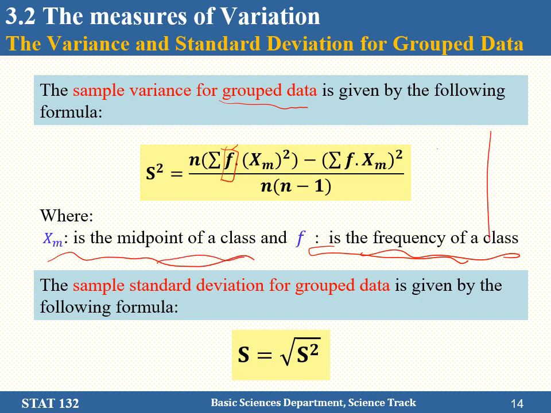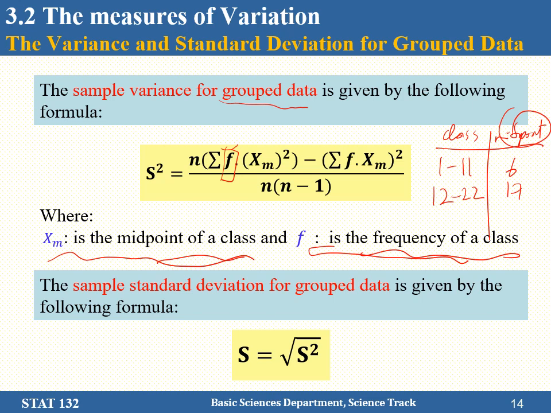When we have group data, we have class, we have midpoint, if you remember. So it's like 1 to 11, so it will be 6, like 12 to, let's say, 22. For example, when you add, you will get the midpoint.